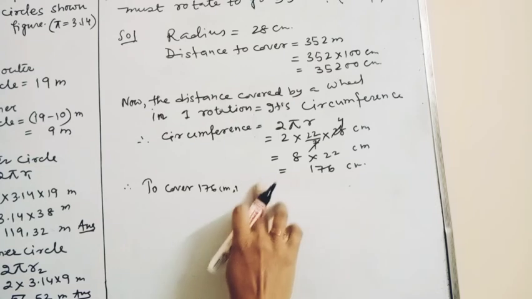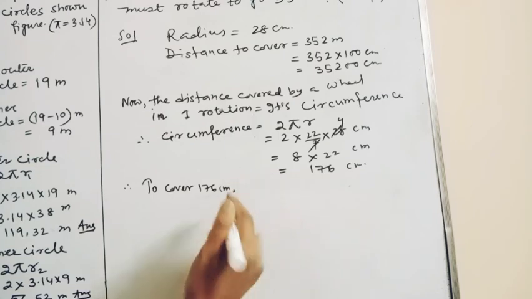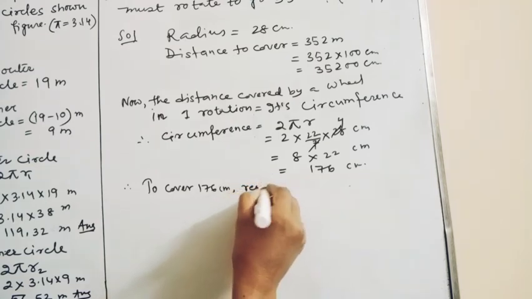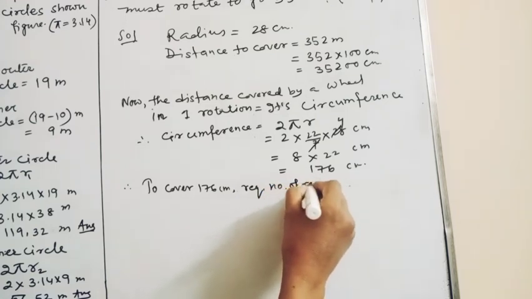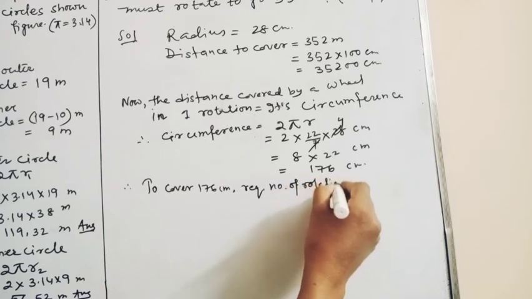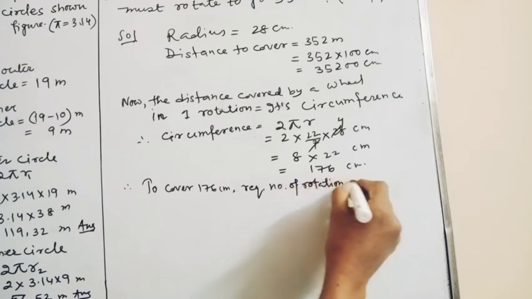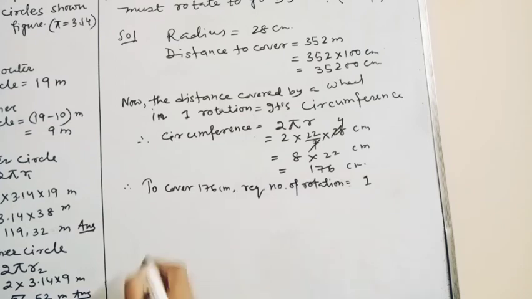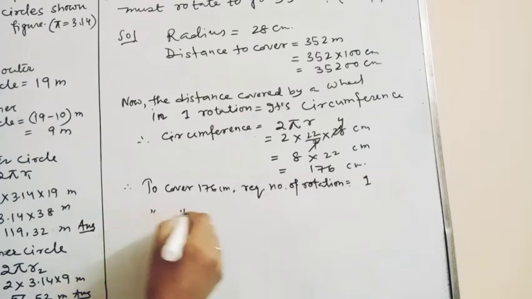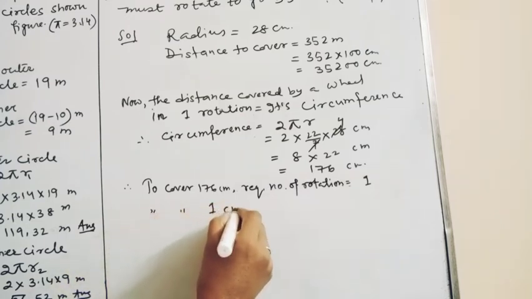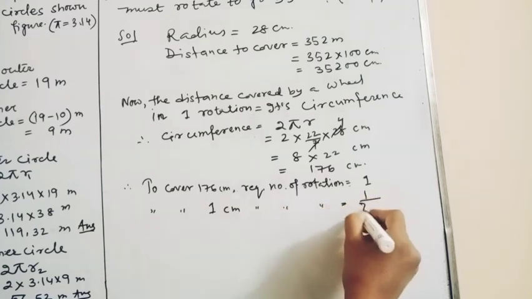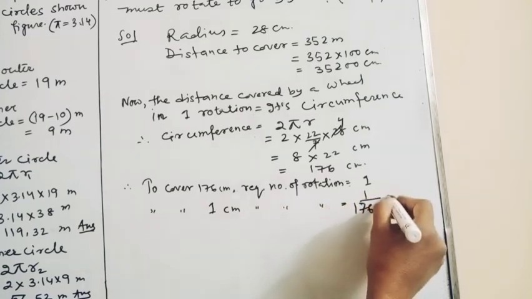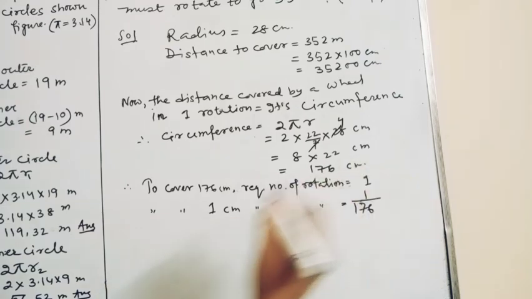You can write it this way also. To cover 1 centimeter, the required number of rotation will be very less. So 176 number of rotation, no unit is required.